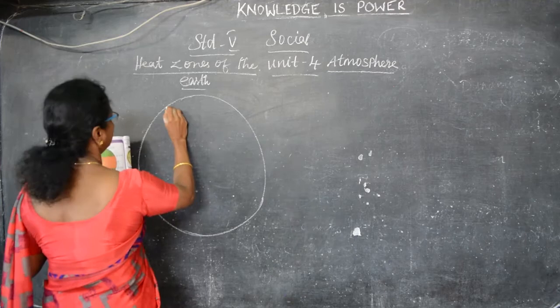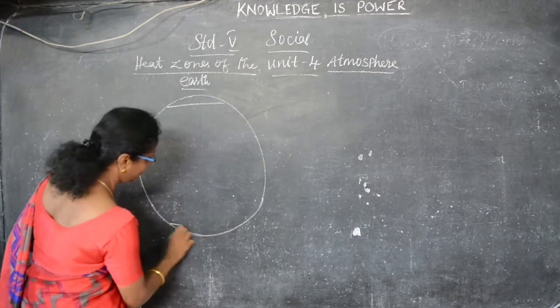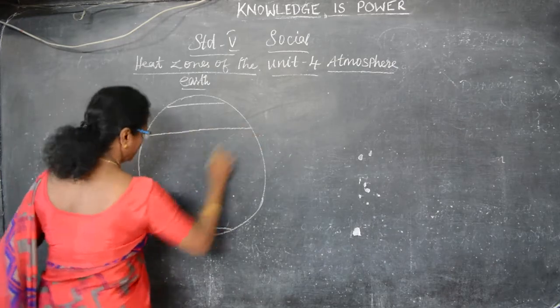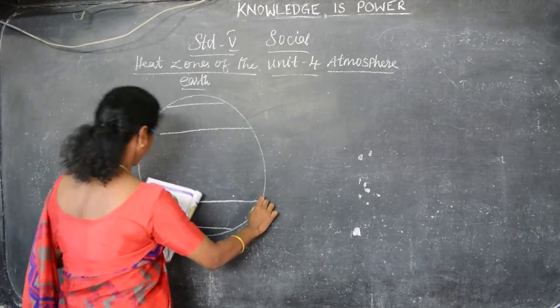So this is the frigid zone. Then the temperate zone. This is the torrid zone. Sorry, this is the frigid zone, and this is the temperate zone.